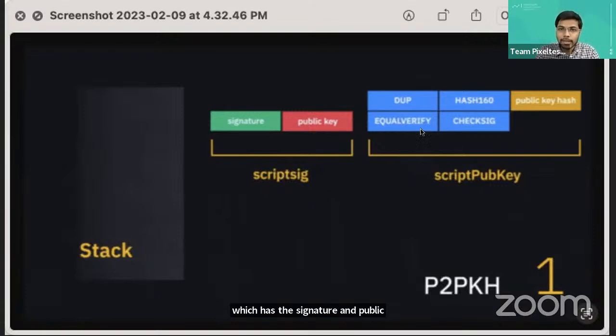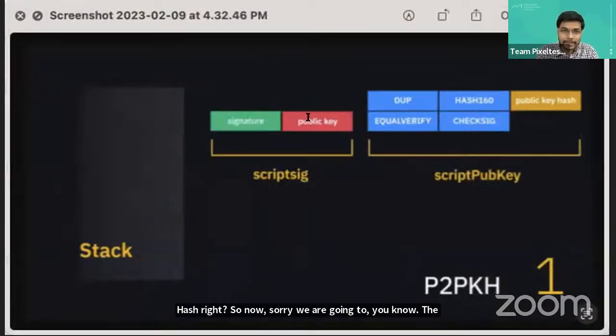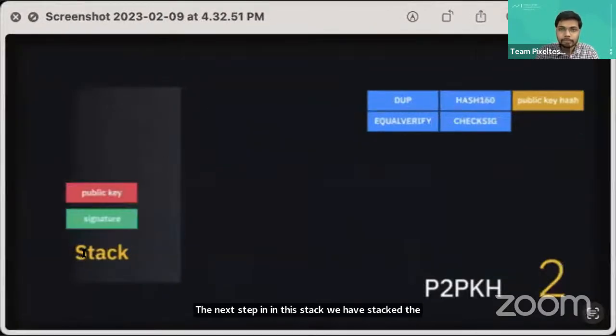Now, what are our commands? We have the operation. OP is nothing but operation. We have duplicate operation, hash 160, equal verify operation, then check sig, and we also have the public key hash, right? So now, the next step in this stack, we have stacked the signature and public key, right?